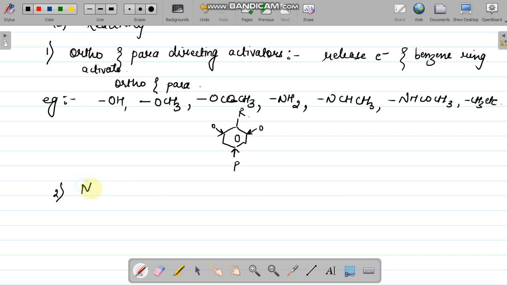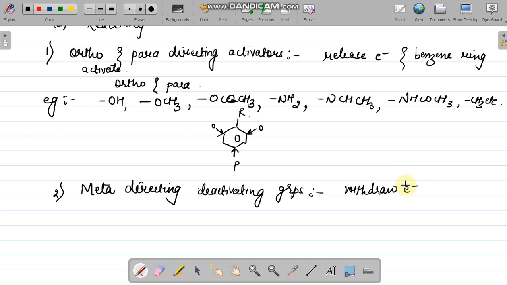The second classification is meta directing deactivating groups. These groups withdraw electrons from the benzene ring, which means they deactivate the benzene ring.